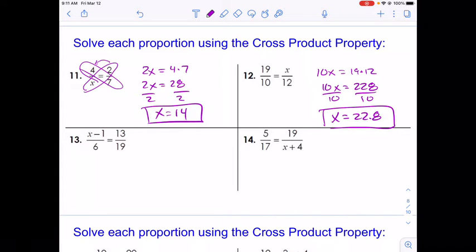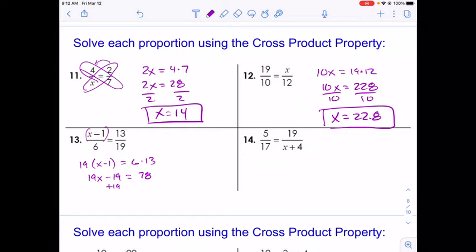Now let's get to one where we have an expression over here. So when we multiply this, this is going to be 19 times x minus 1 equal to 6 times 13. Now when you multiply through by this, it's always good to put parentheses around here to remind you to multiply this bottom right number, 19, through both parentheses. So this gives us 19x minus 19 equals 6 times 13, which is going to give us 78.